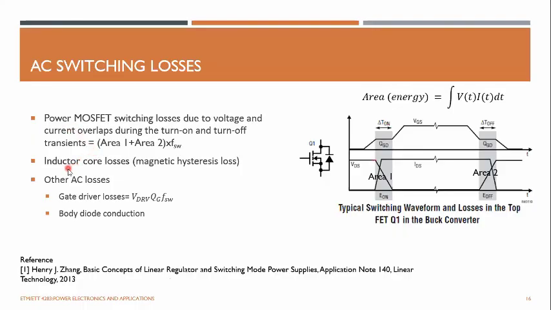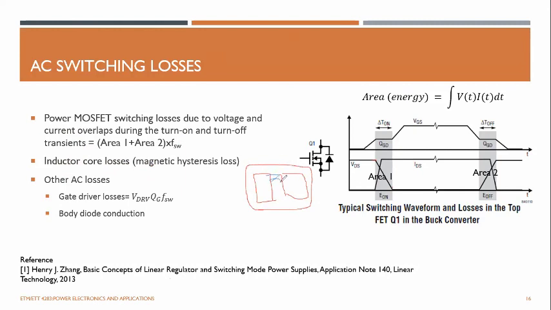The switching loss is also possible due to the inductor core losses. In practical scenarios, the inductor is built on a core, this kind of ferrite core. It could be any shape, or E-type, or like a transformer.